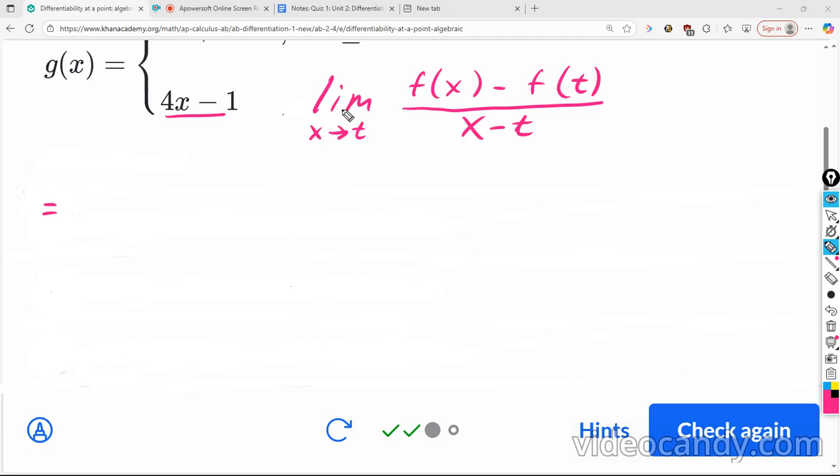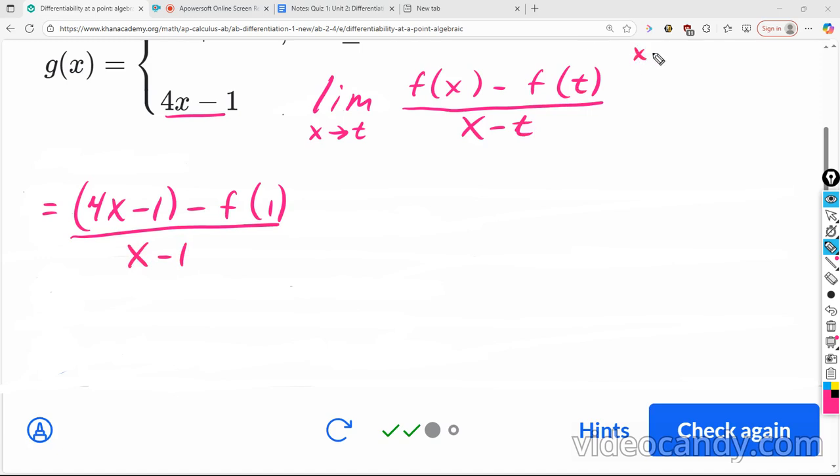I'm going to skip writing the limit part until the end. f of x is 4x minus 1 minus f of 1, all over x minus 1. Remember, t is the point where we're differentiating. Even though it said in the write-up x equals 1, that's what's getting subbed in for t.